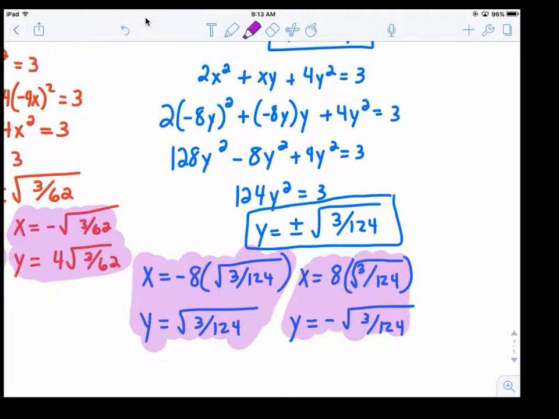So you plug these into x equals negative 8y, right? So that'll give you the x terms. If I'm plugging in the positive one, it's going to be negative 8 times the positive y value that we got. And then the other x value would be when you're plugging in the negative. So they're just opposites of each other.